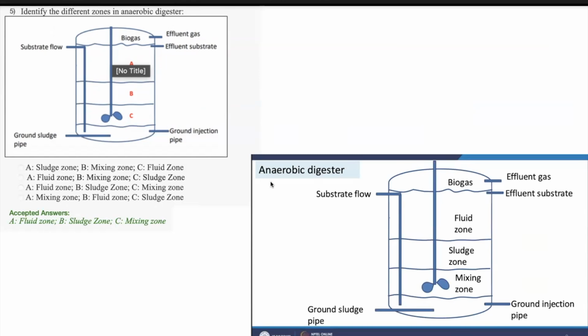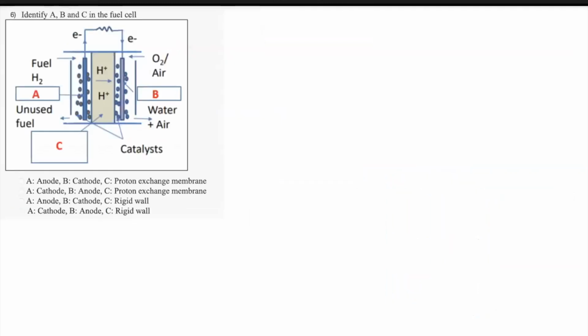If you understand their function and role, you will be able to understand the zones itself, and then you do not need to memorize the zones present here, right? So if you are not able to answer this, I recommend you go back to the lectures once and then come back to such questions and try to get the answer directly.